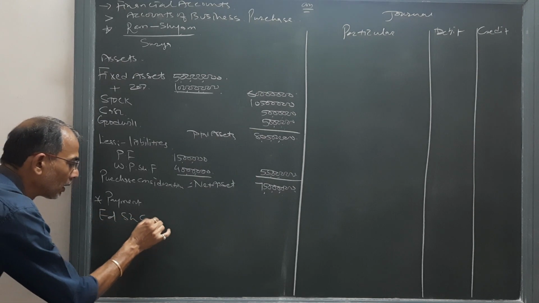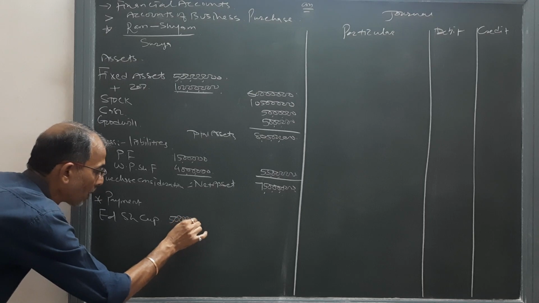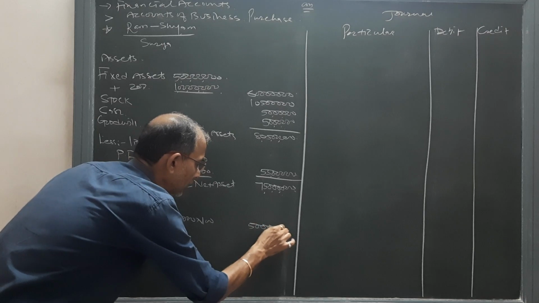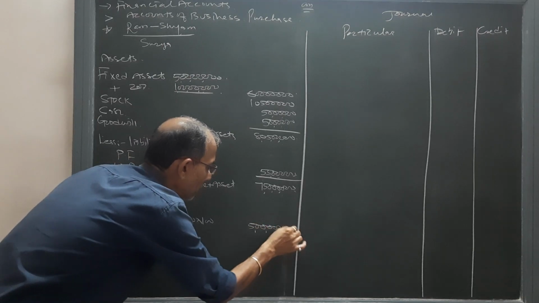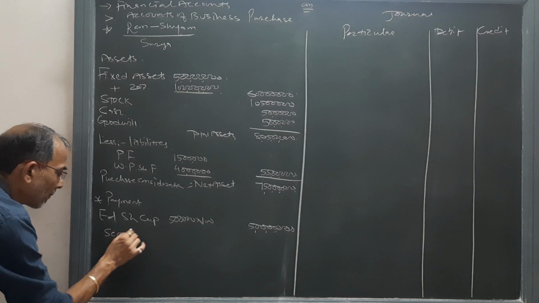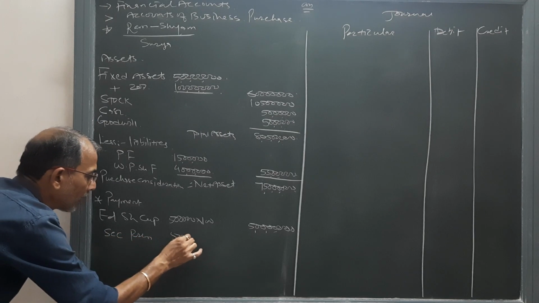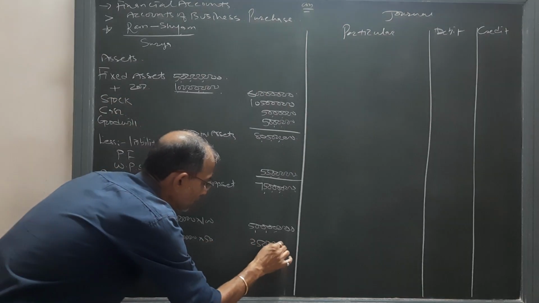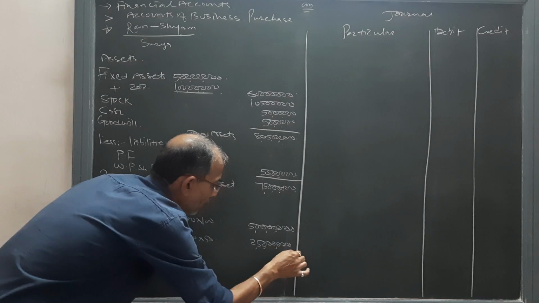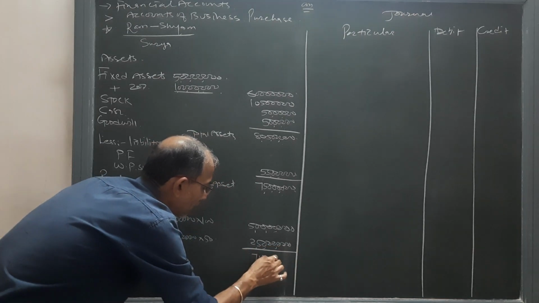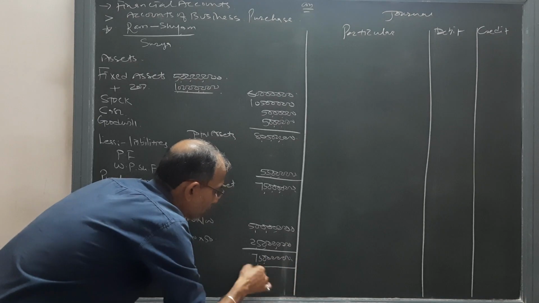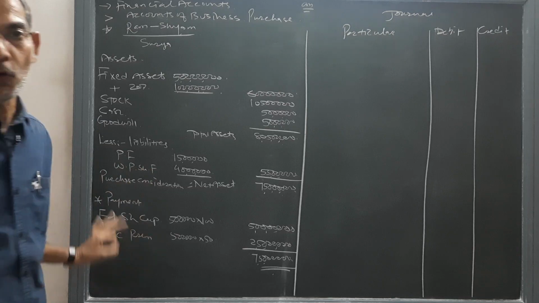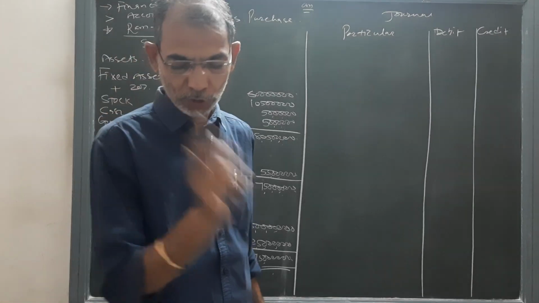Equity share capital will be 5 lakh into 100, that will be 5 crore, and securities premium will be 5 lakh into 50, 2 crore 50 lakh. So this is the payment of purchase consideration, how the company will pay to Ram and Shyam.